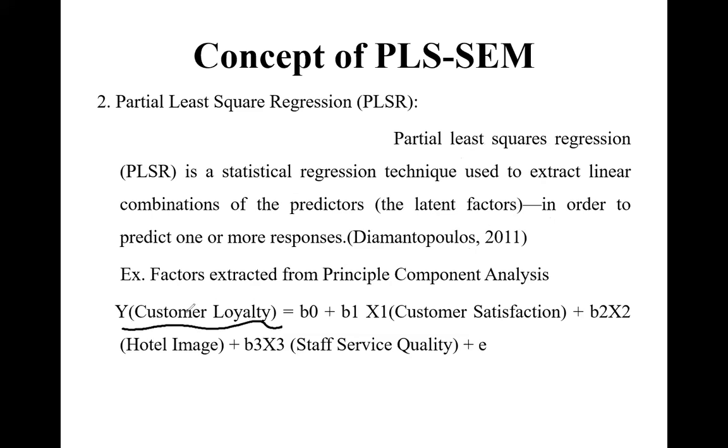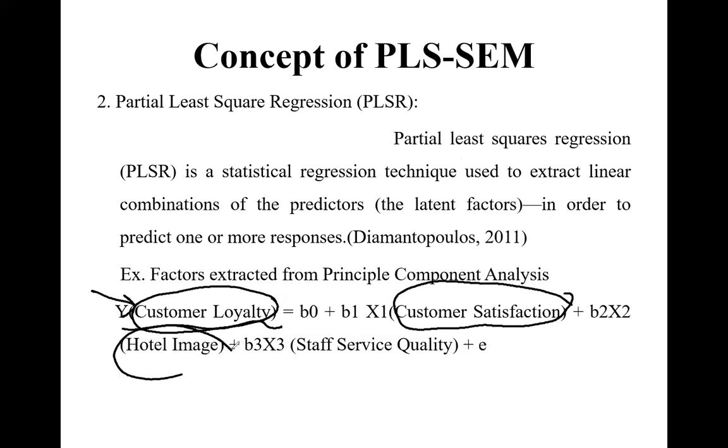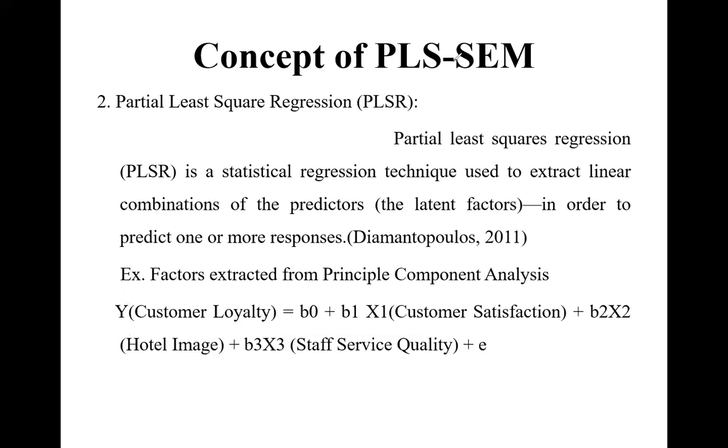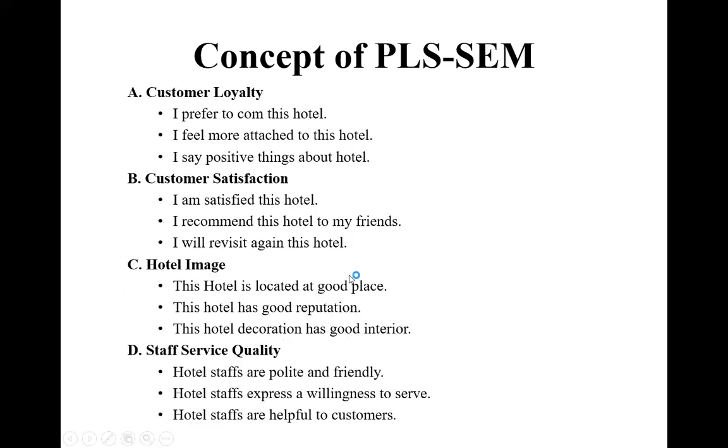Customer loyalty is a latent construct, so here we are taking all latent constructs. This is our endogenous construct, and customer satisfaction, hotel image, and staff service quality are exogenous constructs. I told you that in PLS-SEM we can perform both reflective and formative measurement models.